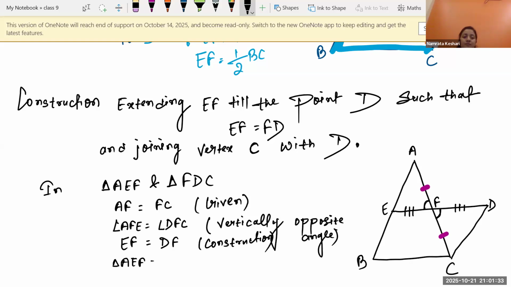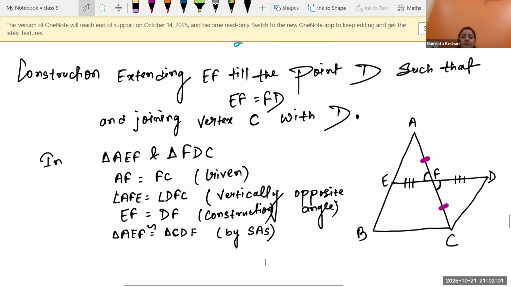Yes, ma'am. Okay, let's move. So these two triangles are congruent with each other.